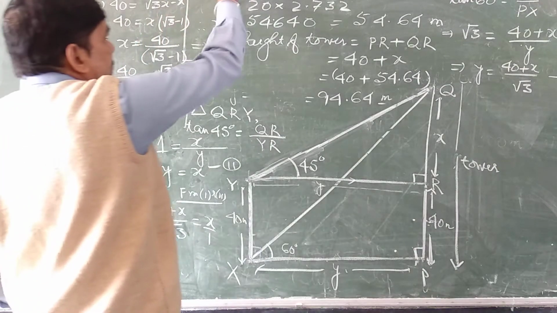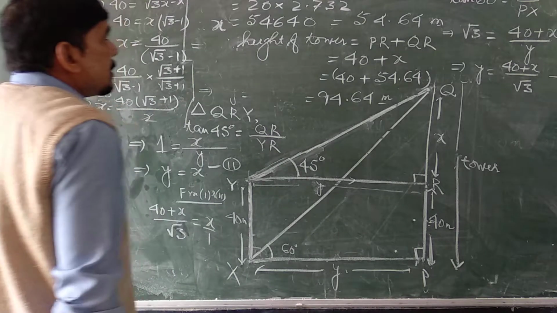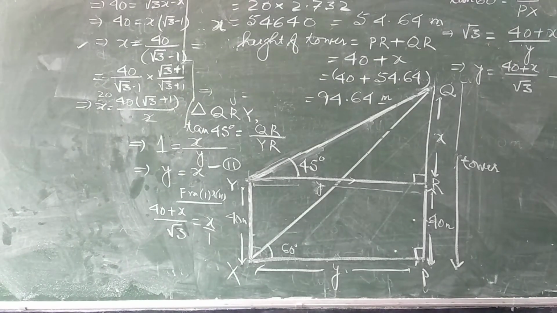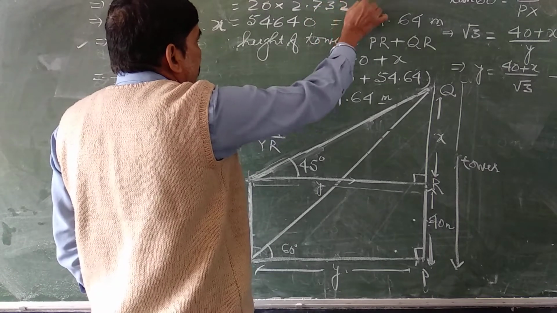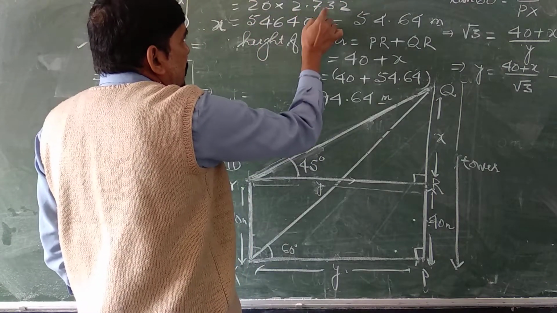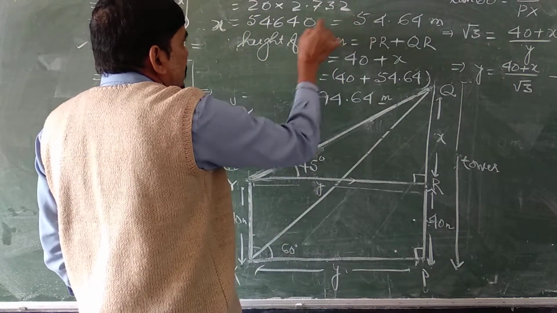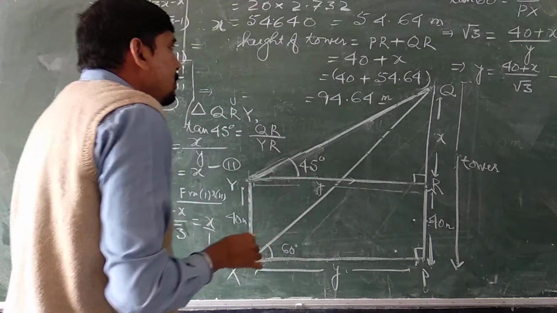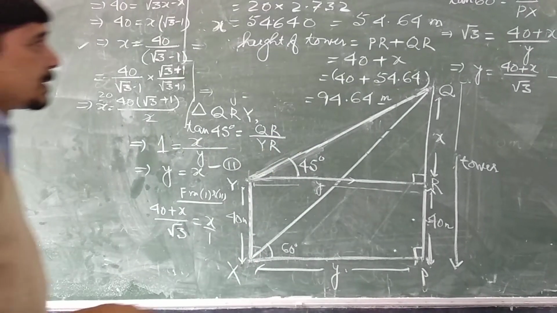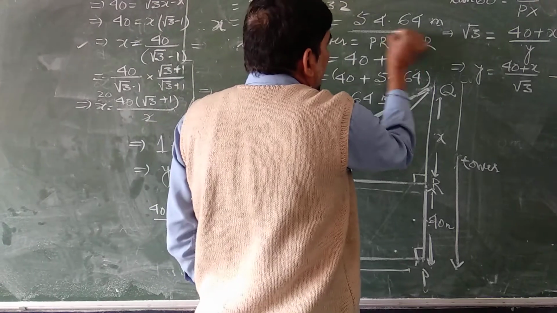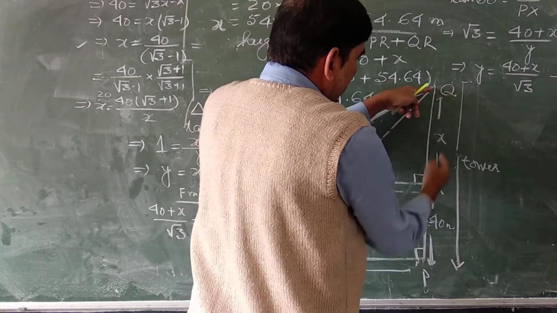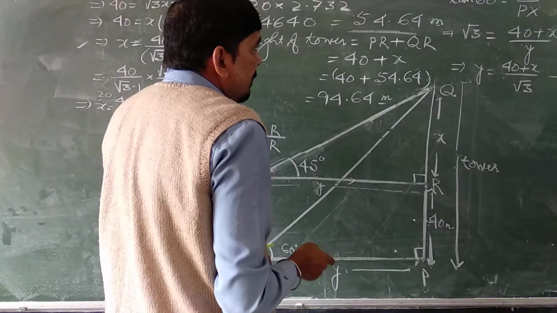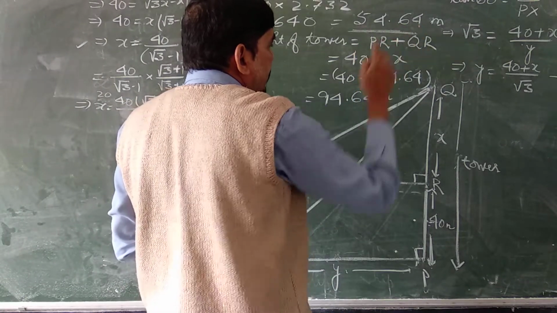Now the value of x will be 20 into (root 3 plus 1). Putting the value of root 3 as 1.732, 20 into 2.732, which gives 54.64. Now we got the value of x. QR is equal to 54.64.